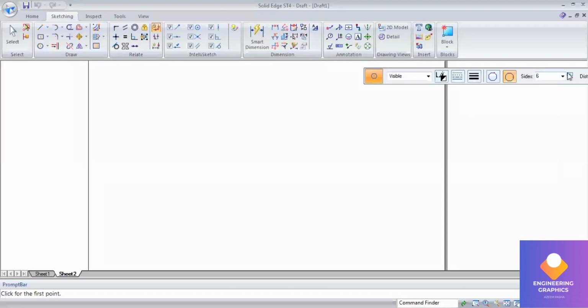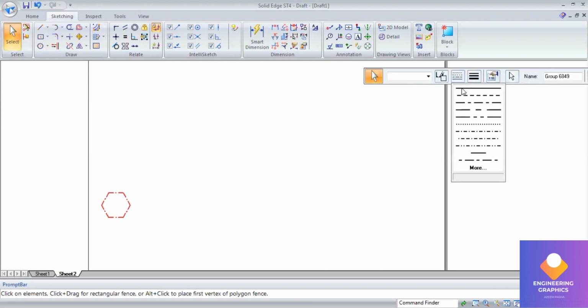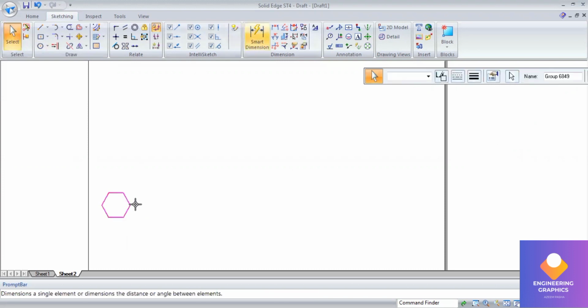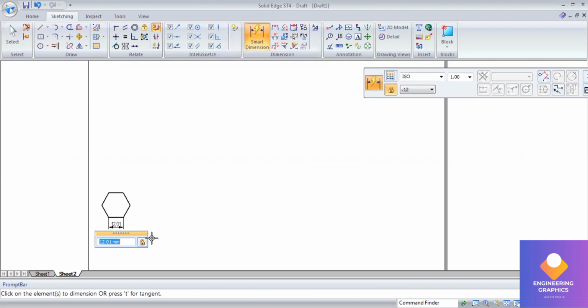So remember, for polygons such as triangle, pentagon and hexagon, we should always construct the orthographic top view because you require box dimensions in order to construct it. Change the dimension to 30.